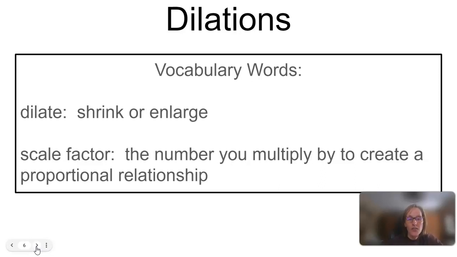Also, you need to understand the word scale factor. Scale factor is the number you multiply by in order to create a proportional relationship. This will make more sense to you as we go through a few examples. Take a hot second and write down your vocabulary words, though, and their definition.